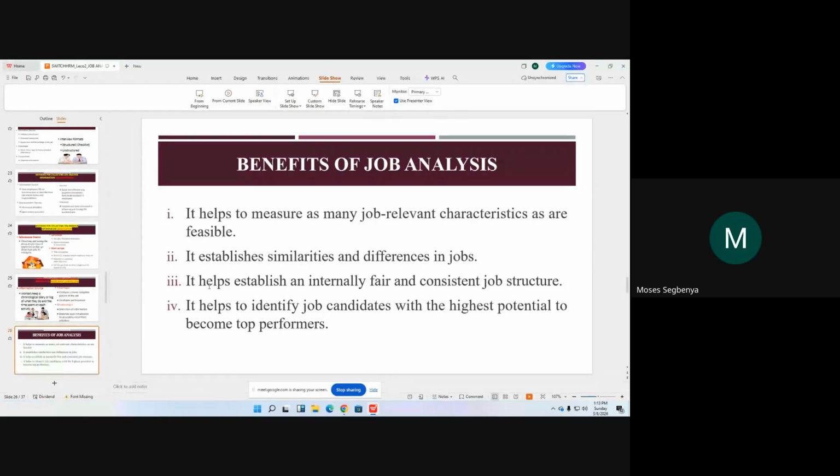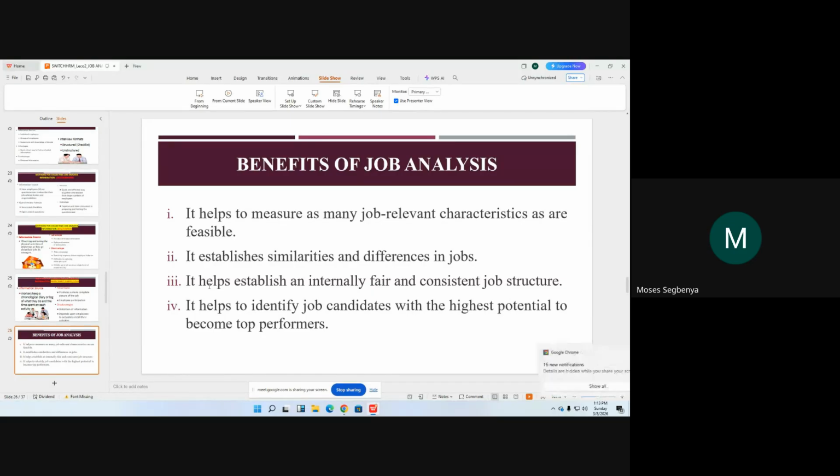And then it will help you to establish an internally fair and consistent job structure, because you need to know the similarities and how compensation should come in. So that when you are introducing compensation, you see which jobs are similar internally and which are not, so that you will not compensate and somebody will think that he has been unfairly compensated.